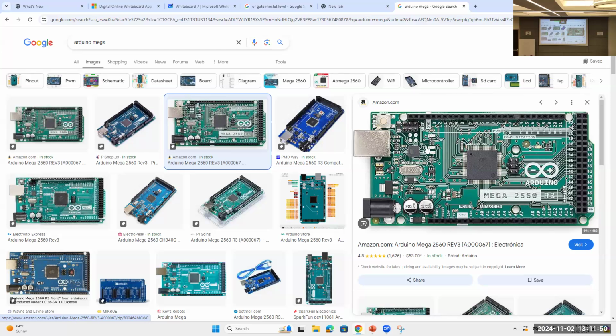This green board, sometimes it's green, sometimes it's blue, whatever, holds all the chips and other components. You can call this a motherboard. You have heard about the motherboard inside your computer, right? The name explains it all. It holds all the components like the chip and the input and output pins, etc.